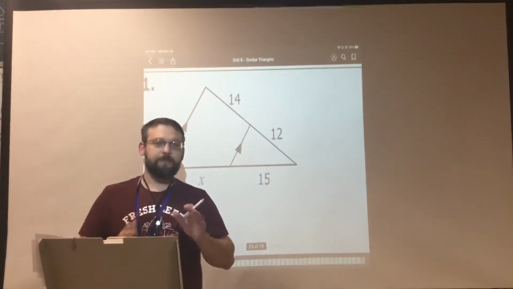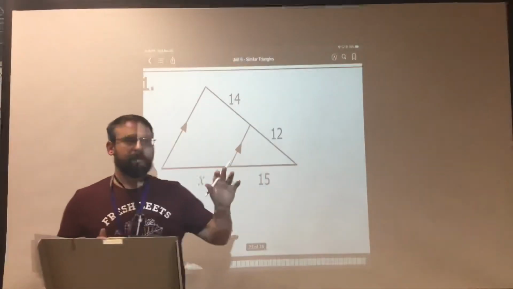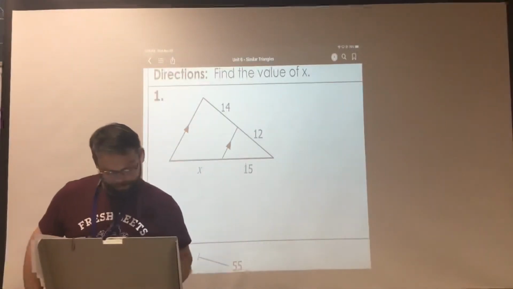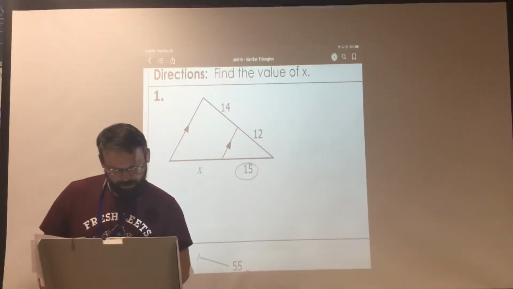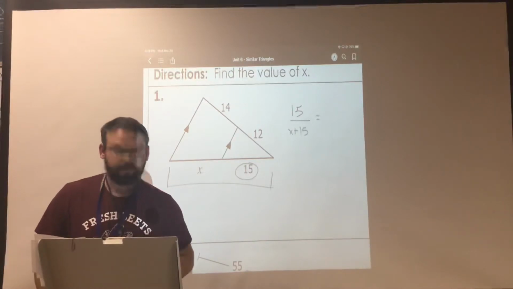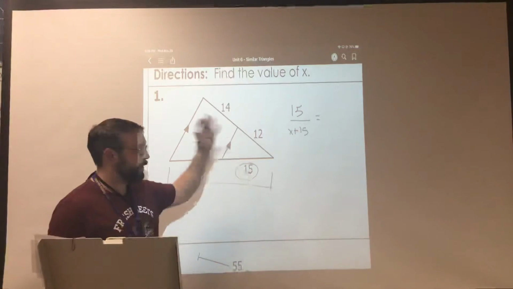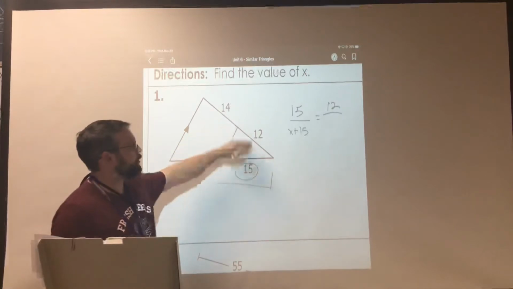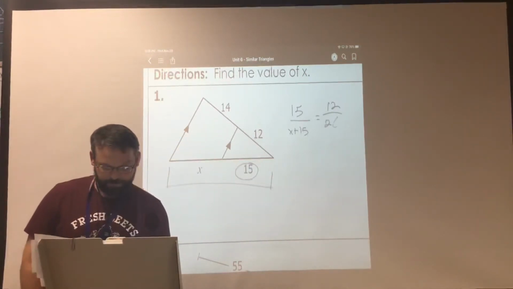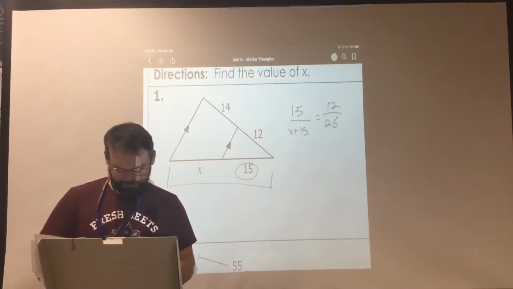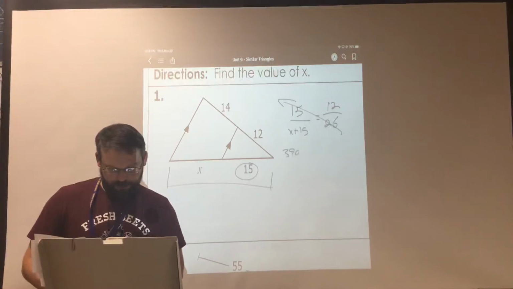If we followed the same model that I did with the previous problem, I would look at this triangle and say, okay, the little side right here, 15, over the whole side, which would be x plus 15. So I'm still following that same model there. So right here, 12 over 14 plus 12, which is 26. If you do your cross product, 15 times 26 would be 390.